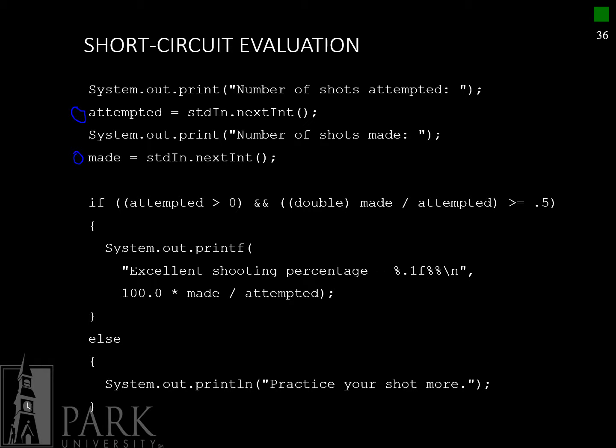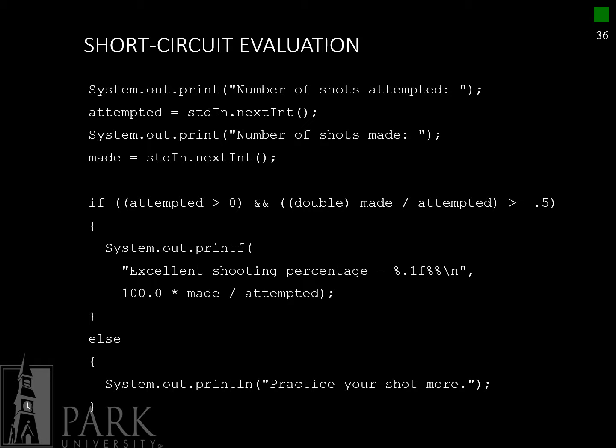If attempted is greater than 0, well, 0 is not greater than 0, and since we have the AND operator here, we don't care about the rest at all. It's just going to skip that and go to here, and print out, hey, practice your shot some more.